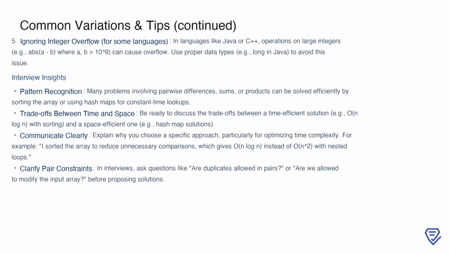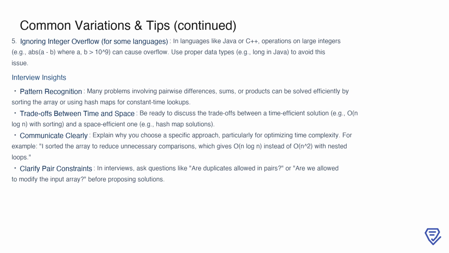Beyond these technical details, there are key insights that can help during interviews. Recognizing patterns is critical. Problems involving pairwise differences, sums, or products can often be tackled efficiently by sorting the array or leveraging hash maps for constant time lookups. It's also important to weigh the trade-offs between time and space efficiency.